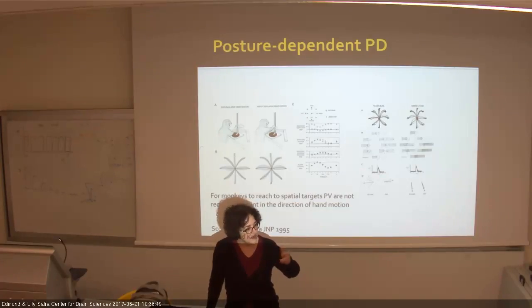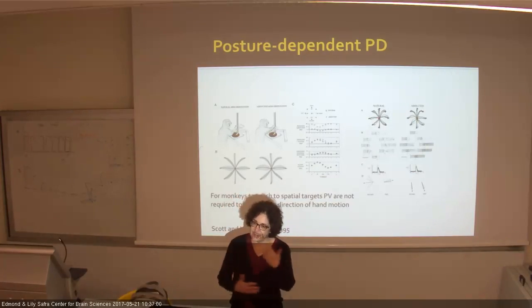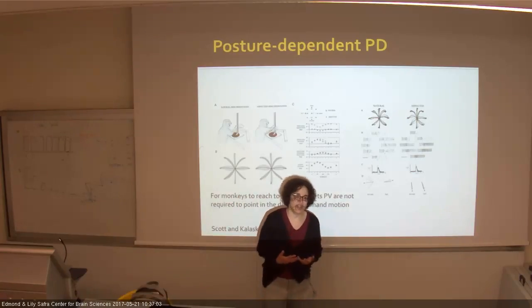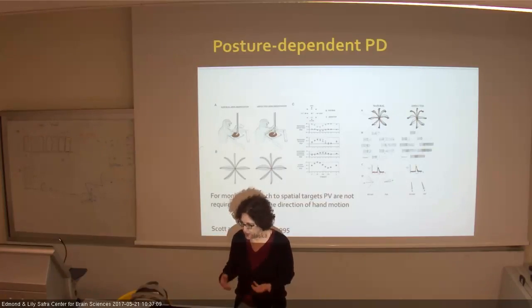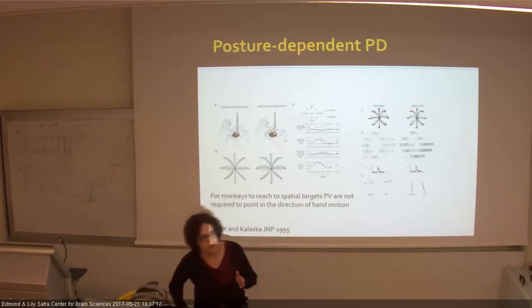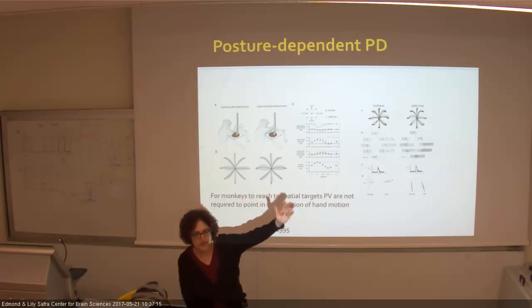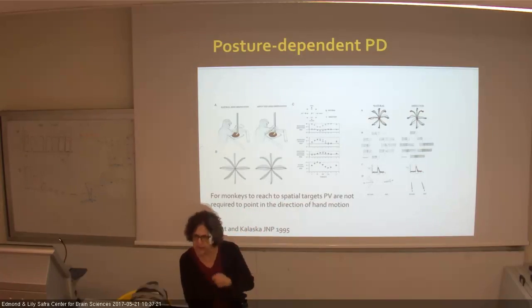So even though the activity of single cells can change in terms of the preferred direction, the population vector will still point to the direction of movement, because apparently the variability is random, so it cancels out in a way. The preferred direction slips in a random manner, but still enough cells have a persistent preferred direction that the population vector will still point to the actual position. And this concept of population vector, pointing to the movement or the desired movement, has been recently used a lot in brain-machine interfaces.